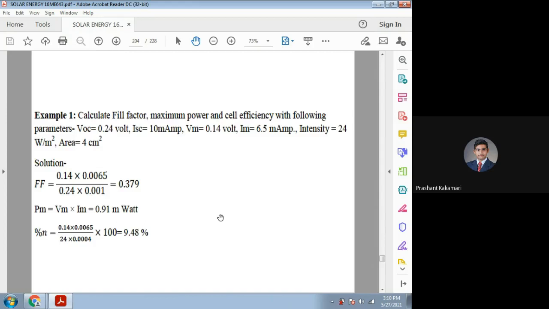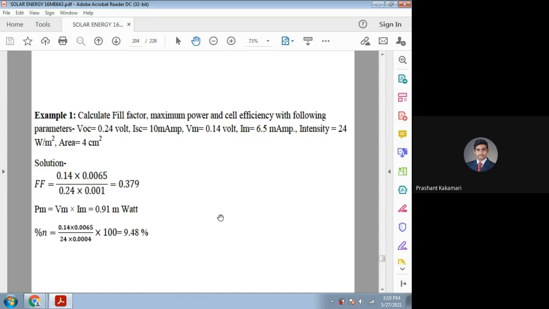So you need to convert both and keep them in the same units. Better to keep it in meter square. On the bottom side, I'll keep 24 watt per meter square as it is, and convert 4 centimeter square into meter square, which is 0.0004. Please check those conversions.